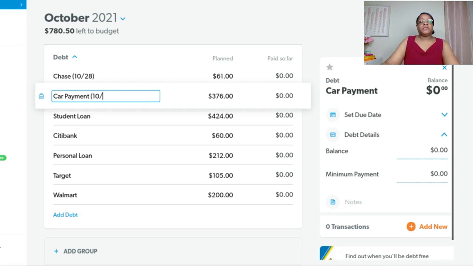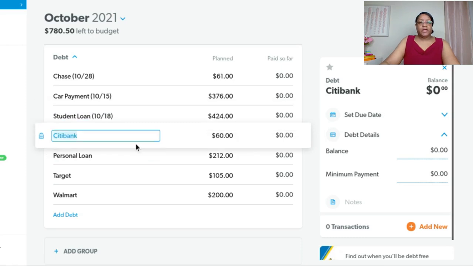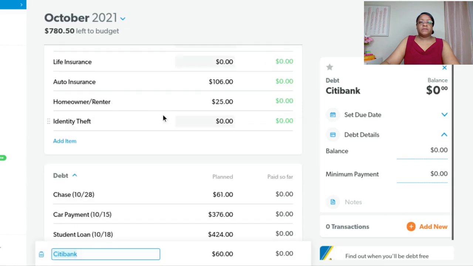So you can put dates on here just so you know when things are coming out of your account. Back then, my student loan used to come out on the 28th, and I had it moved to the 18th. So we're going to put the 18th here. And you can do that going down your debts. You can also do that on any other expense too.